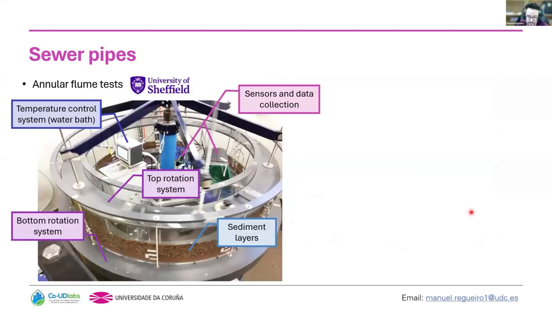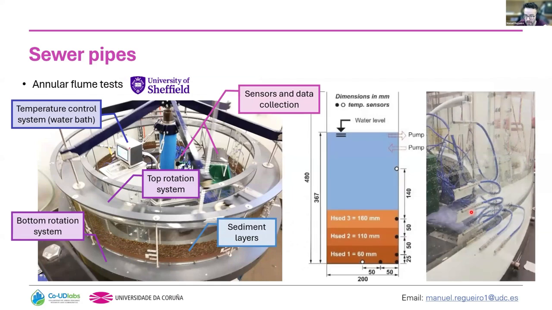We used this information, the temperature in the wastewater, to design, for example, when I was at the University of Sheffield, an experimental campaign in the lab, first defining the conditions of the wastewater and trying different sediment layers. And why did we use this annular flume test?